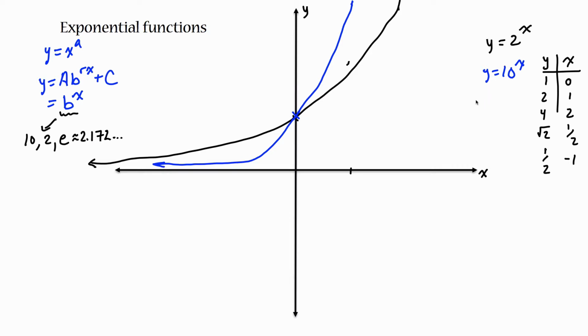And since y is equal to e to the x, e is in between 10 and 2, it's quite close to 2 actually. E to the x is going to look quite similar to 2 to the x.